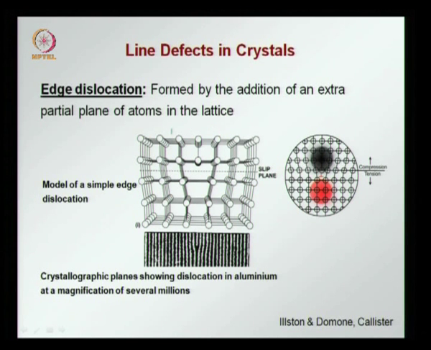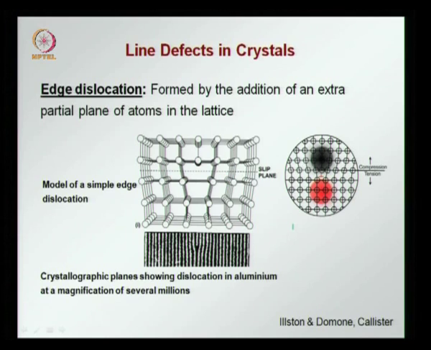So if you can imagine how a wedge works, if you push this here, then you will have tension developing here and compression developing here. So that is what is shown here. As this extra atom plane has formed, you find that there is compression here and tension here. So there is a distortion in the stress field whenever a dislocation occurs, and this we can see also in micrography.